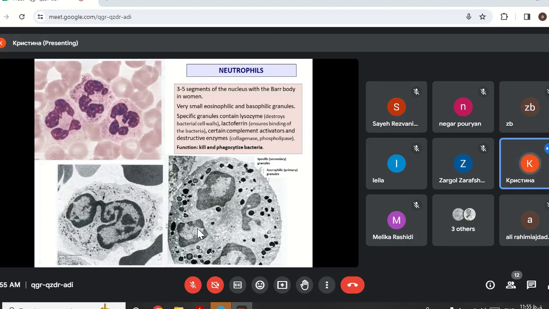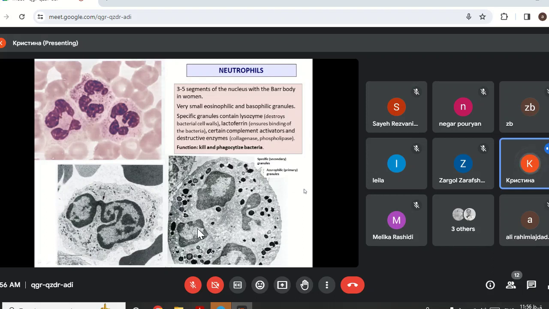Here in the transmission electron micrographs, you can see a neutrophil here and here. In the left picture, you can see the bridge between two segments and very small specific granules in cytoplasm. But in the picture on the right, you cannot see the bridges between the segments of the nucleus because of the plane of sectioning, but the granules are still seen.